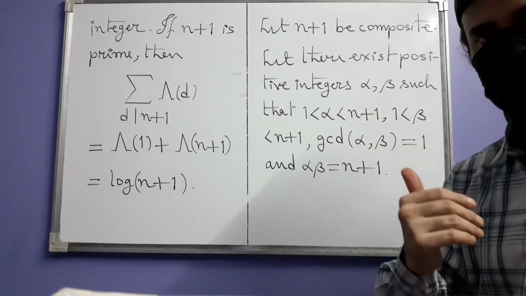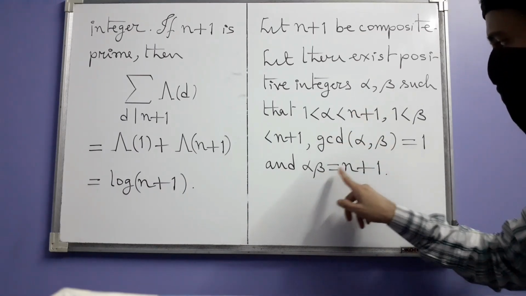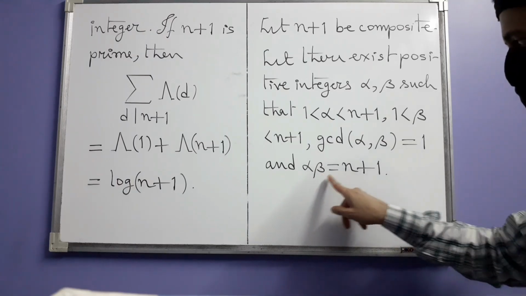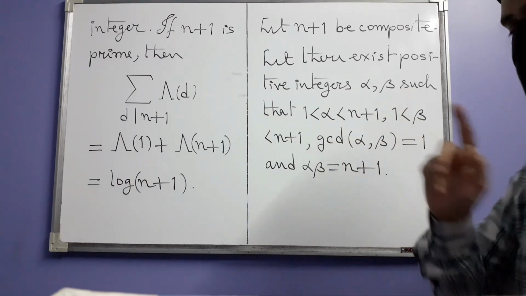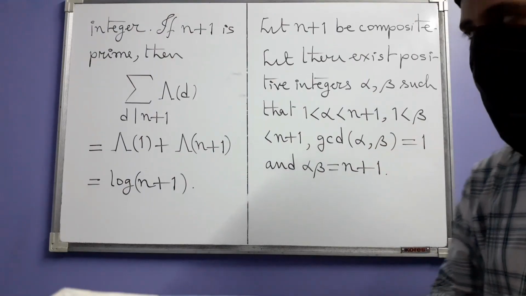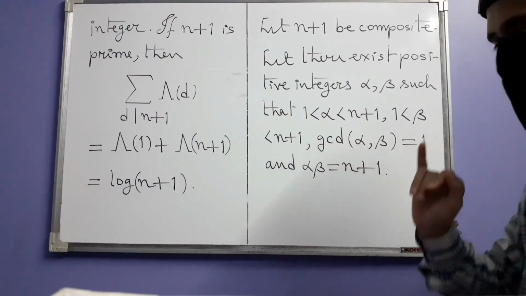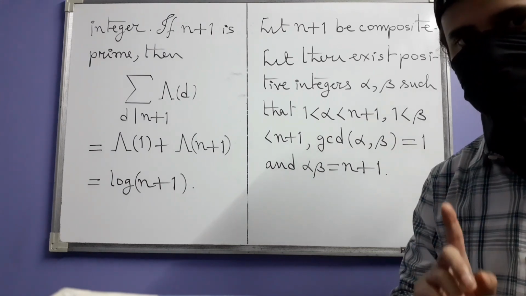Both of them are greater than 1 and less than n plus 1, and their product is n plus 1. In fact, this equation with these inequalities tells us that n plus 1 is composite. Fine. But here you see one extra condition, that GCD of alpha and beta is 1, that is, they are relatively prime.